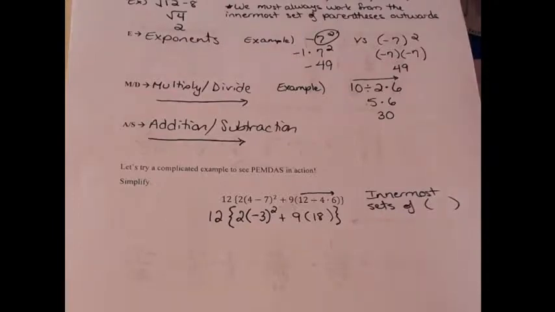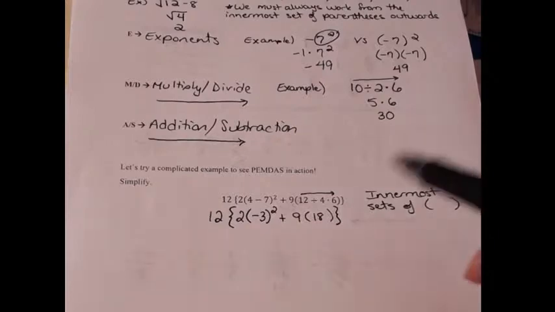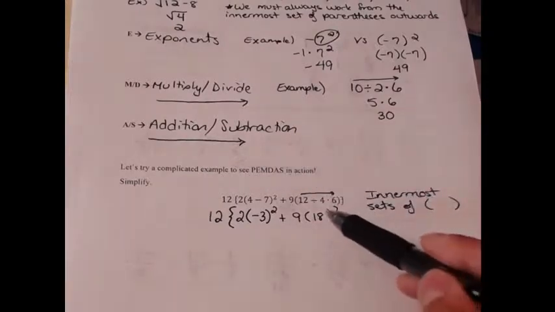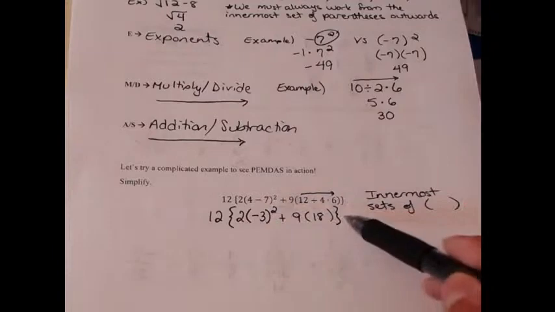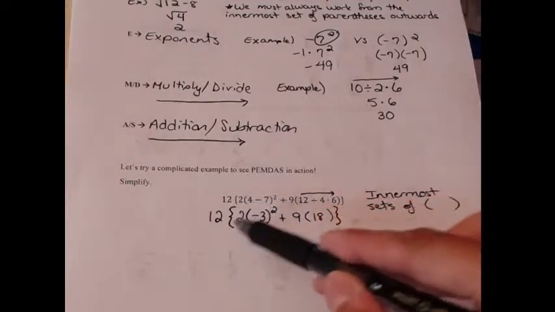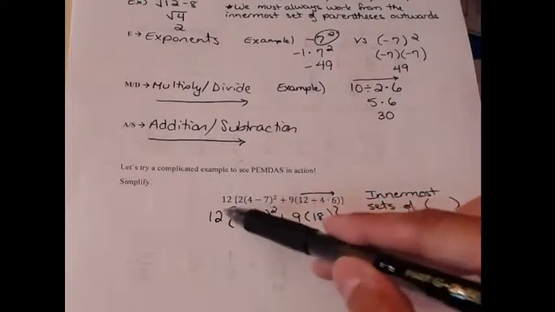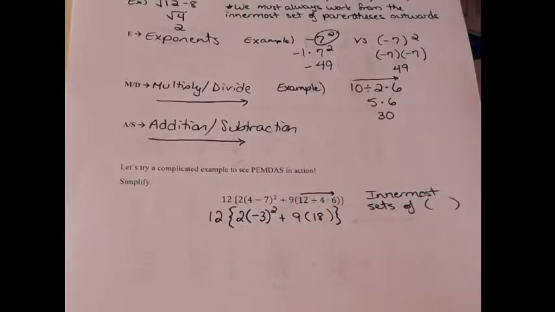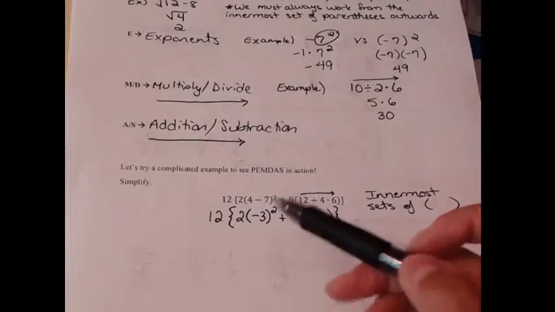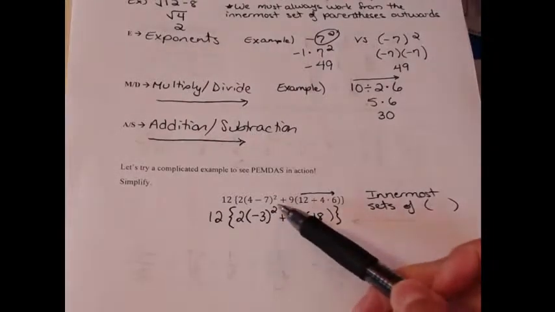Okay? Excellent. Next, we took care of the P in PEMDAS with reference to everything inside the set of braces. So make a note to yourself that we're trying to figure out what's going on here inside the set of braces, which is our P in PEMDAS. So we have 2 times the -3 squared.